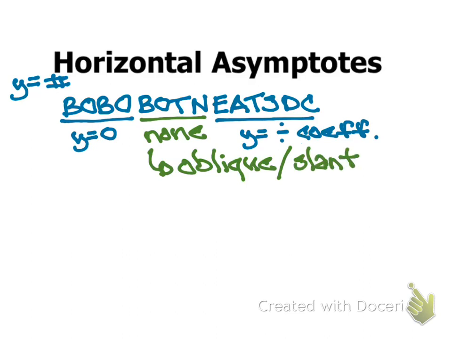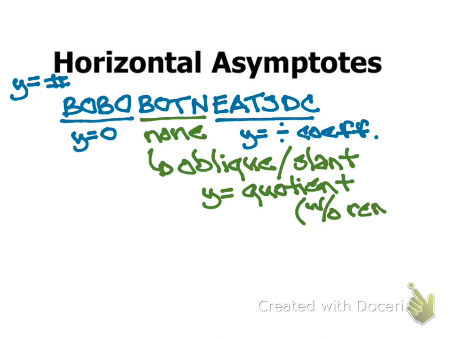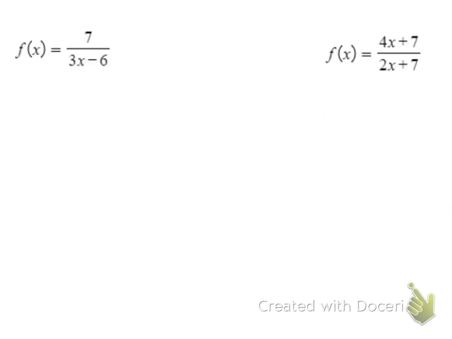And to find the value of that, it will be y equals the quotient. So we'll actually do the division, and our slant or oblique asymptote will have the equation y equals the quotient, and we don't worry about any remainder. So let's see what that looks like.